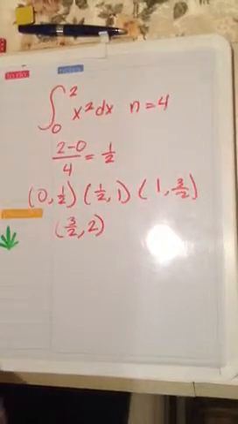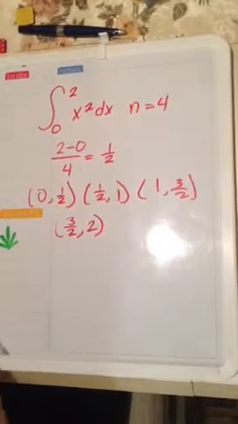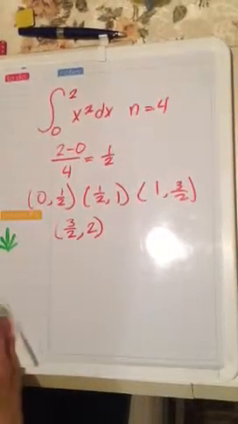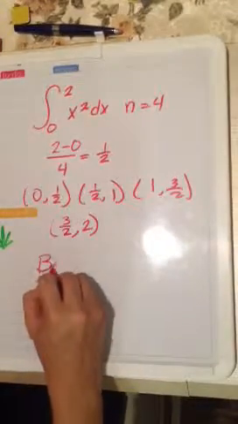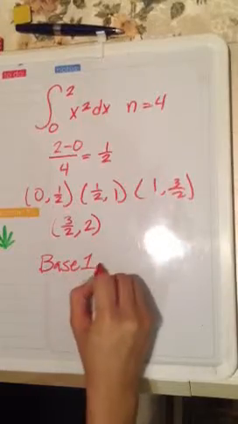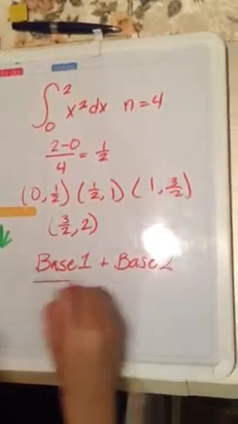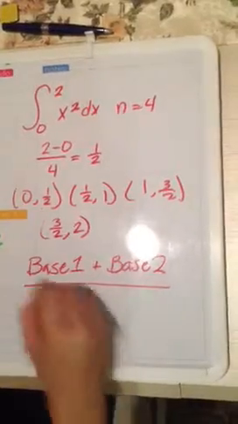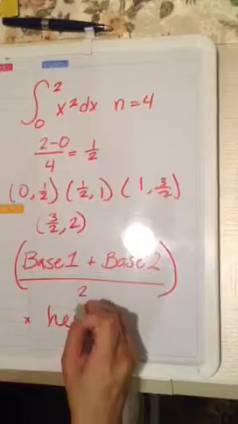Now that you have your subintervals, you use the area formula of a trapezoid to approximate the area under the curve. The area of the trapezoid is base 1 plus base 2 over 2 all times the height.